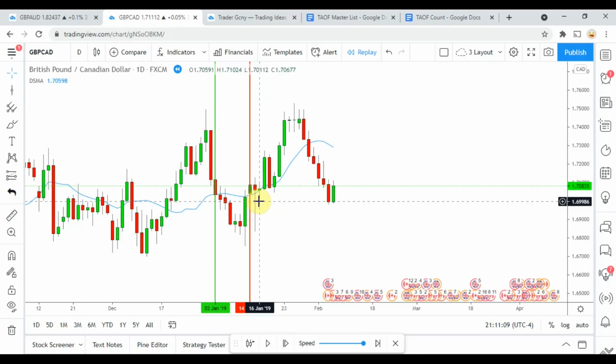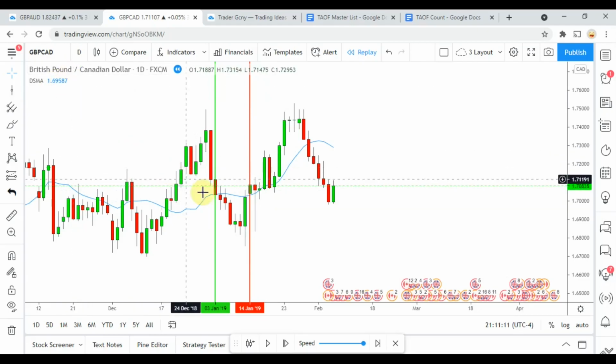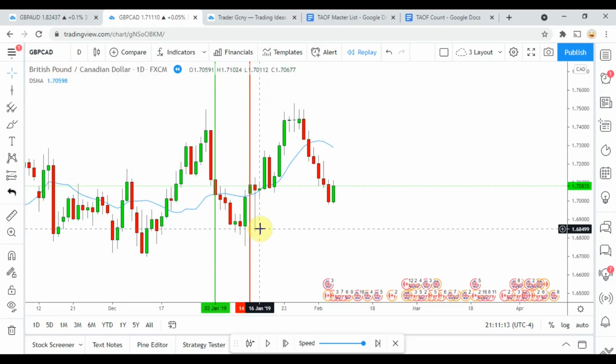And you can see that the moving average over here, the coordinates of that was 1.70598. And so technically, when this candle opened right here, it was below the moving average.